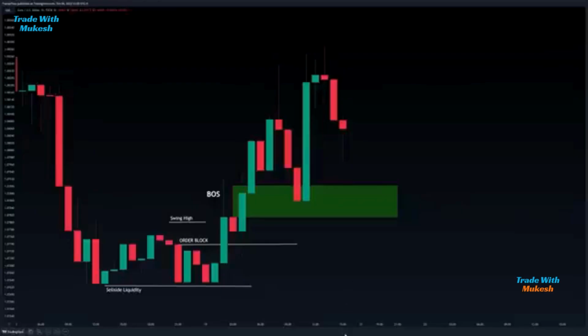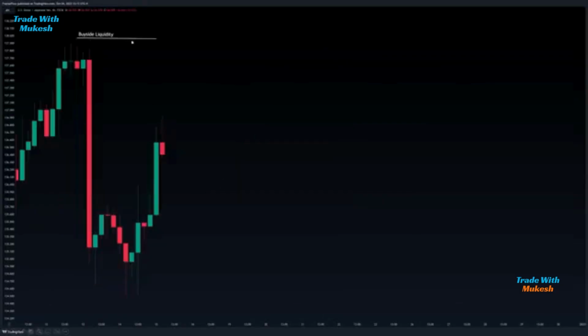Let's move on now to a real example of a high probability bearish order block where we use another type of entry called mean threshold instead of using the opening price of a large body bullish candle as the order block. In this chart, I marked out the buy side liquidity level, and we can see price approaching that level. This is the moment you begin to anticipate a liquidity sweep.